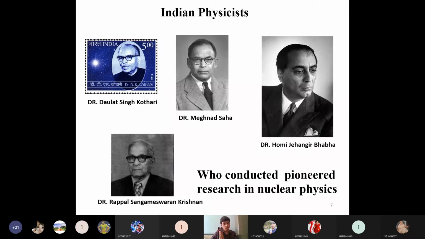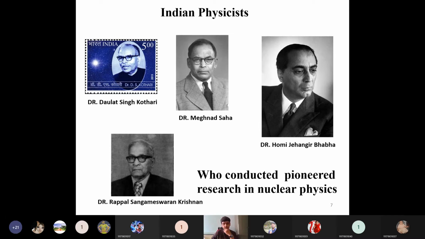He is a well-known Indian astrophysicist, known for his work on the Saha ionization equation. He found the Saha ionization equation, and he was also a proud parliament member of India around the 1950s. The Saha Institute of Nuclear Physics in Calcutta is named after him only.